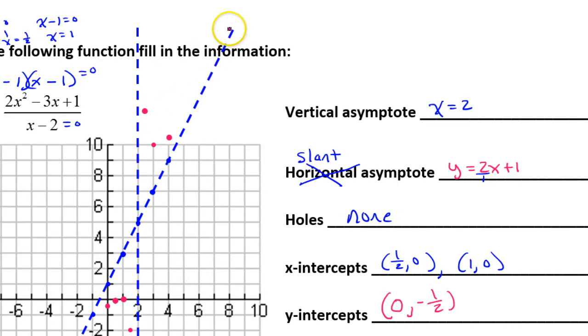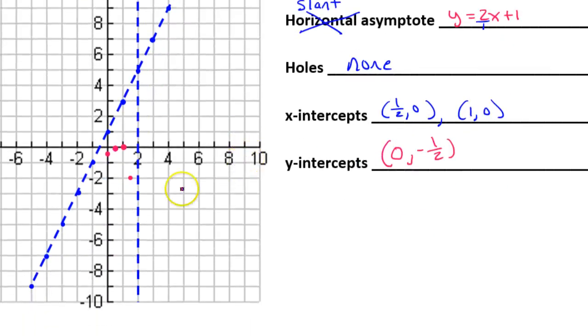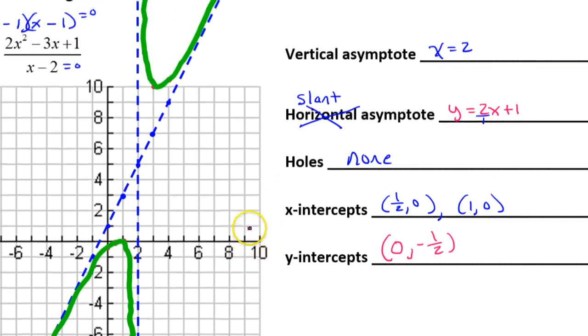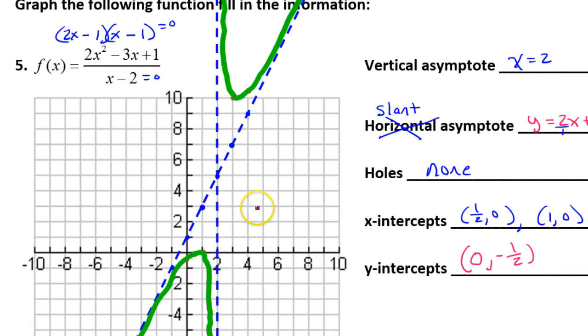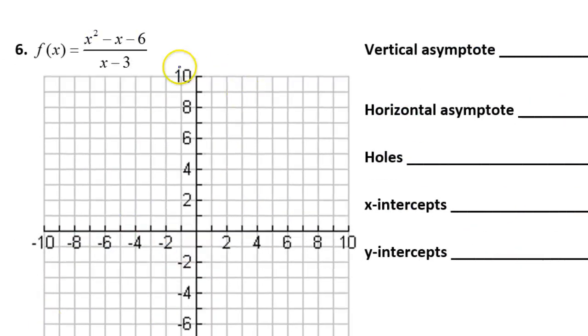So it must be approaching the asymptote in this type of way. Okay, and it's doing the same type of thing down here. Alright, so your graph would look very much like this for number 5. Last one.